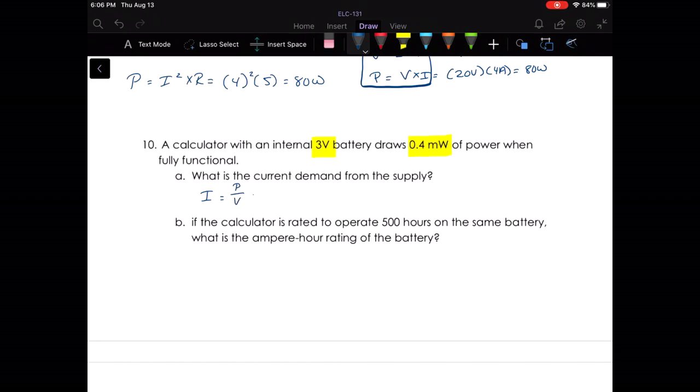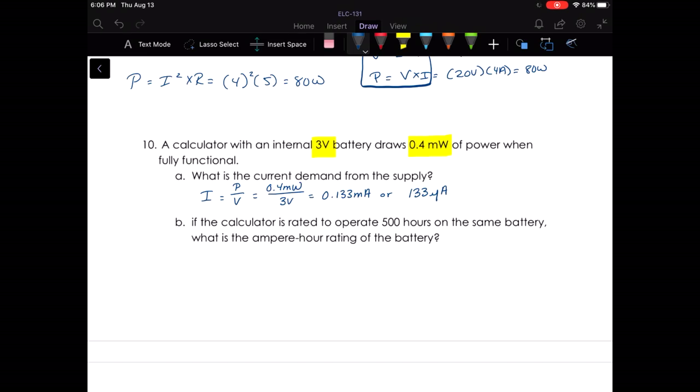So the power divided by the voltage in this case. So we've got 0.4 milliwatts divided by 3 volts, and that gives us about 0.133 milliamps, or the correct engineering notation would be 133 microamps, because remember, we need that number to be between 1 and 1,000.